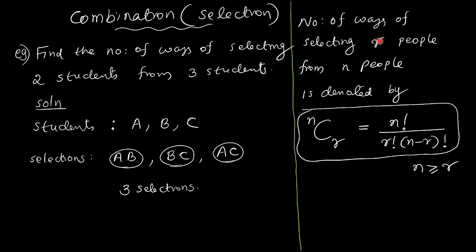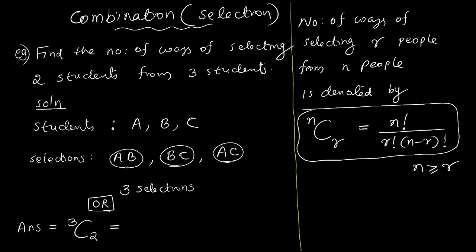So let me use this formula and verify we get the same answer. In the given question we got the answer 3 selections, because I want 2 selections out of 3 people, 3C2.